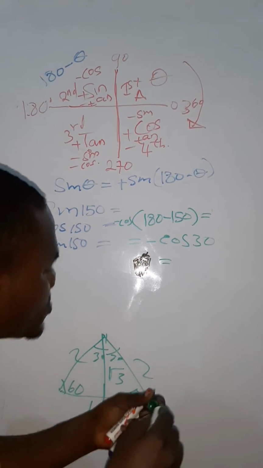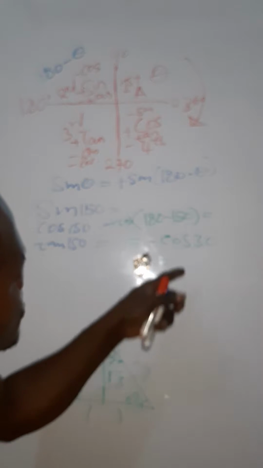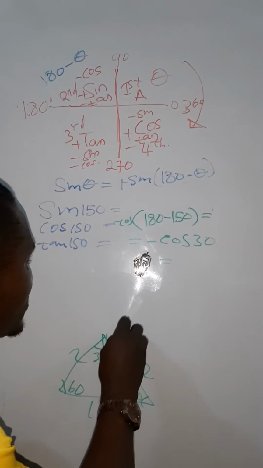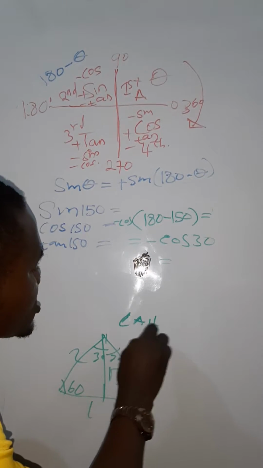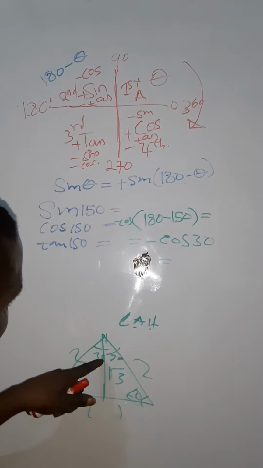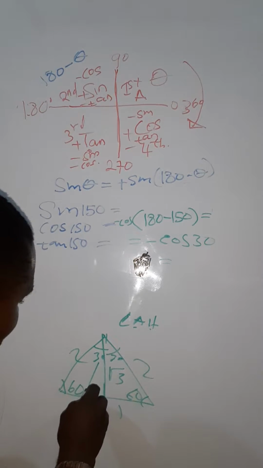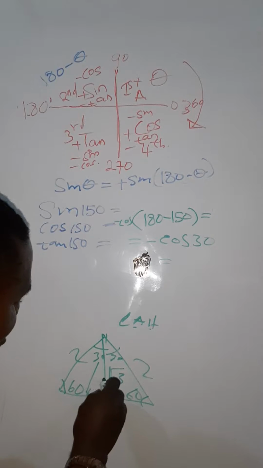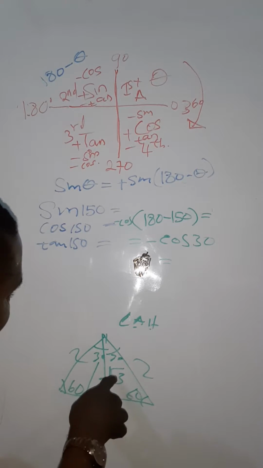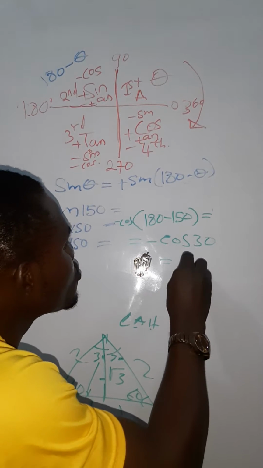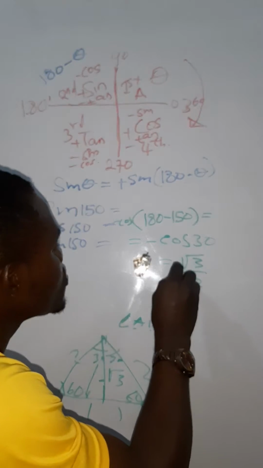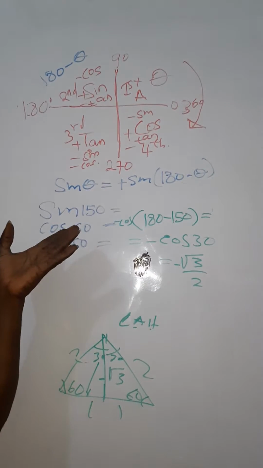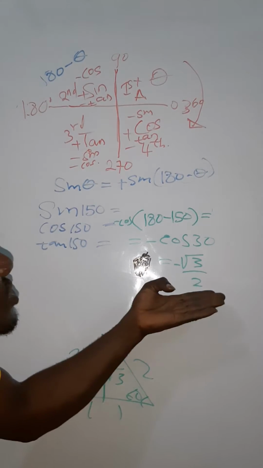Now if you look at cos 30, cos is adjacent over hypotenuse. So this is 30, this is opposite to 30, and here is the adjacent. So adjacent over hypotenuse is root 3 over 2. So minus. If you press your calculator and press cos 150, you see that you get minus the same thing.